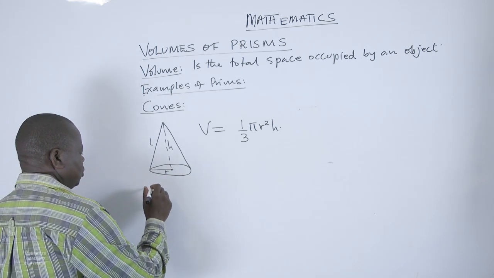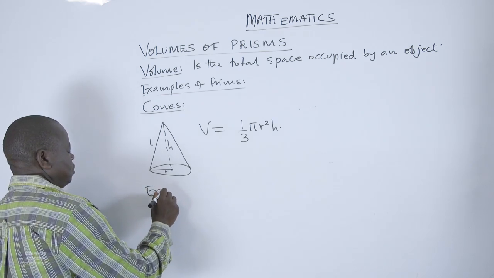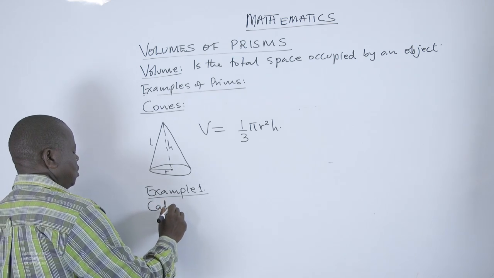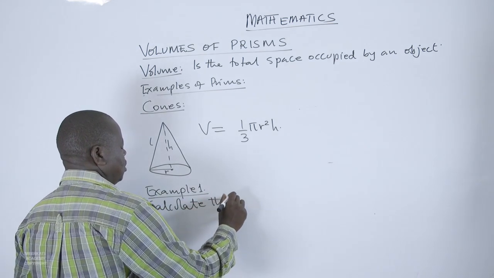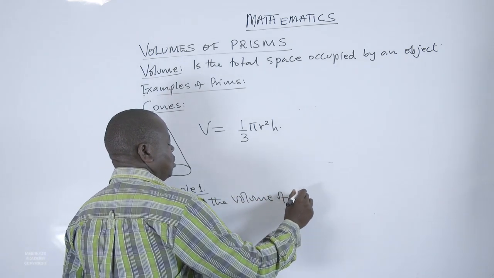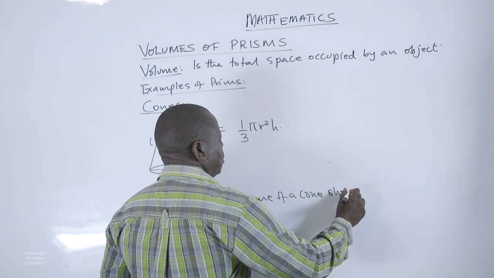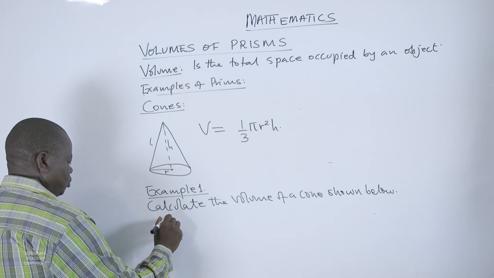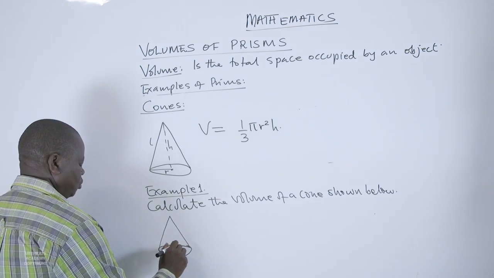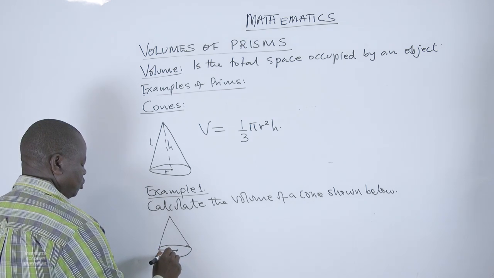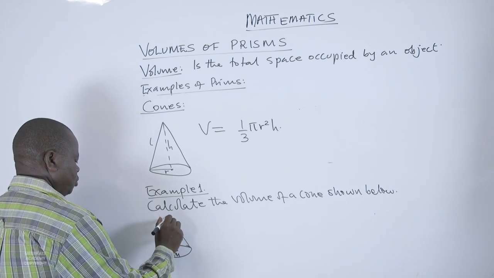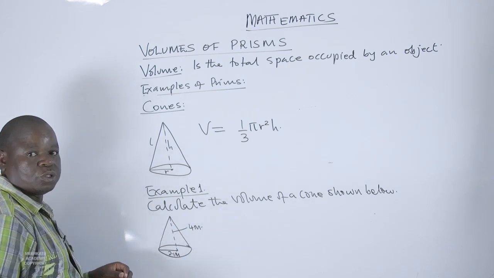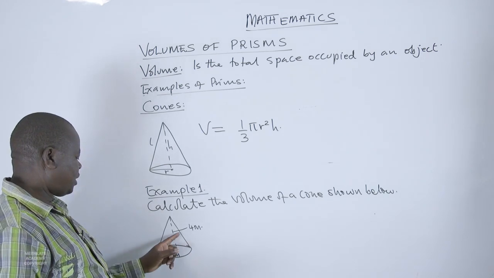So if we have an example, we have the radius as 2.1 meters, and the height is 4 meters.